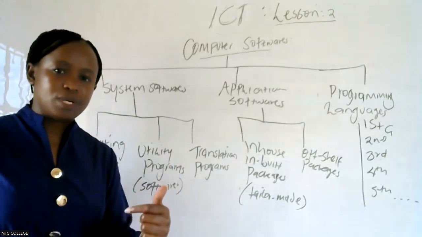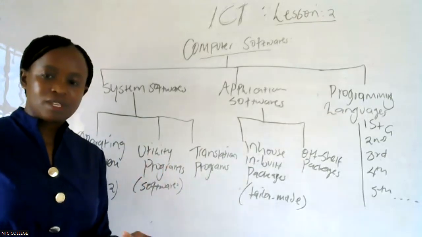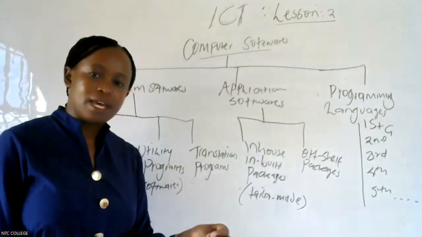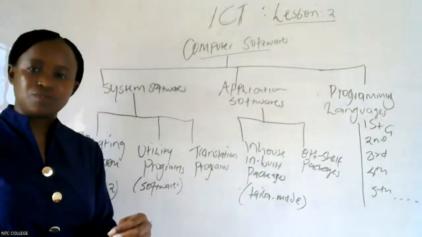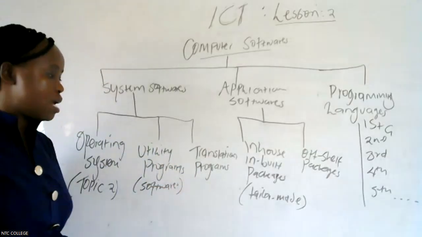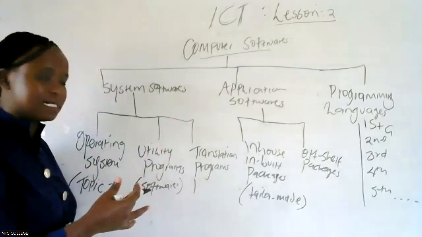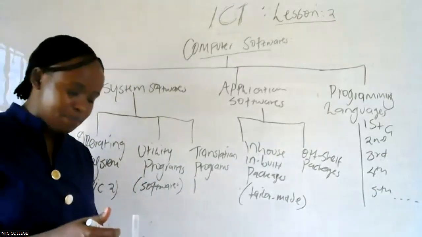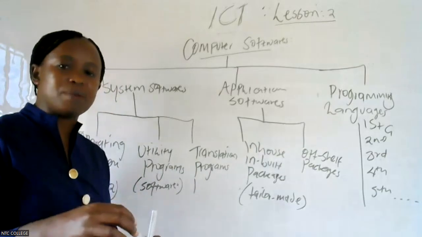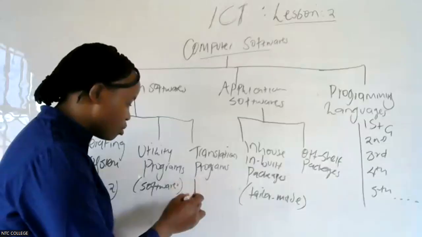We can also call it translating, meaning they convert instructions from one state to another state, from one form to a different format. That is to say, they are needed by the machines to be able to capture information that is in different formats and translate it into an agreeable format.